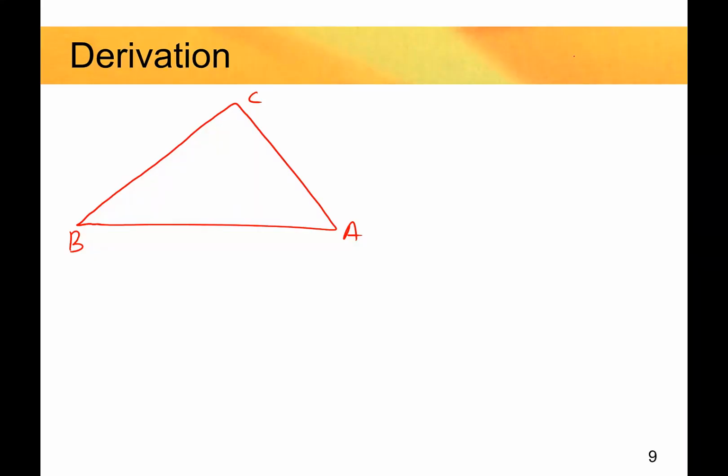All right, what we're gonna do is we're gonna do 2 things here. We're gonna drop a line down. We're gonna draw a little line right here, and we're just going to call it h.